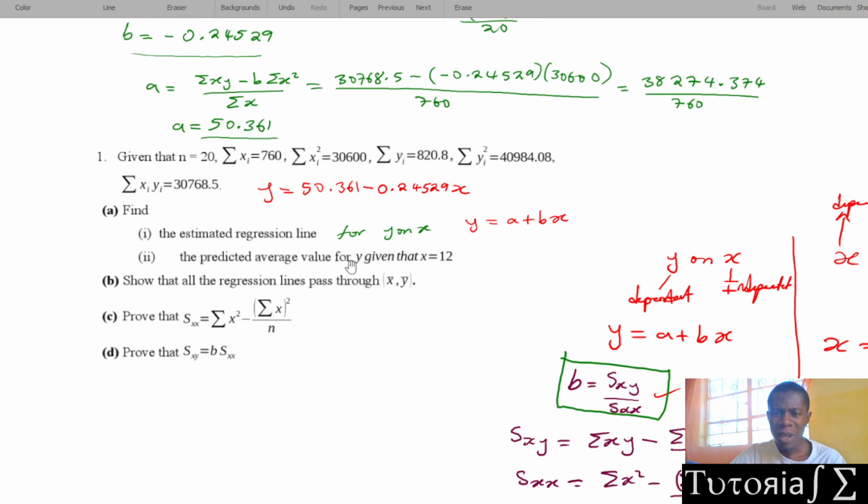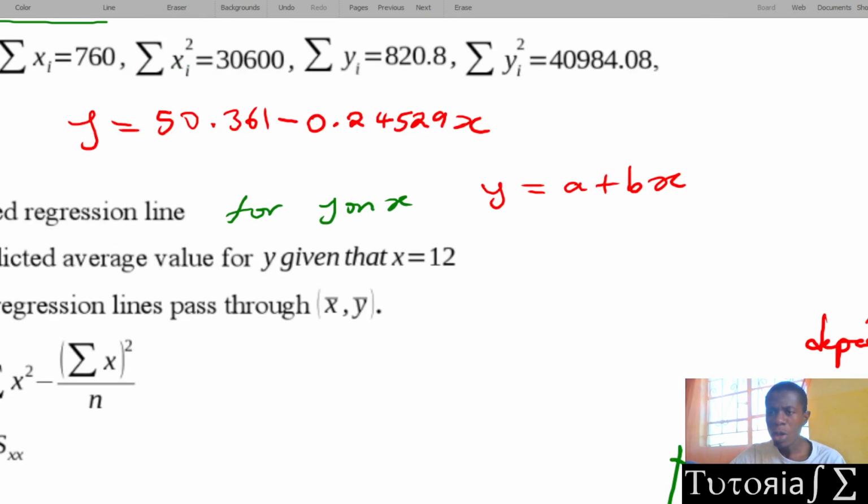Then, predict the average value of y given that x is equal to 12. Okay, so this is the question. You've been given that x is equal to 12. What is the value of y? This question is basically simple. You have this equation, so you're using this equation. So you have y is equal to this 50.361 minus 0.24529.